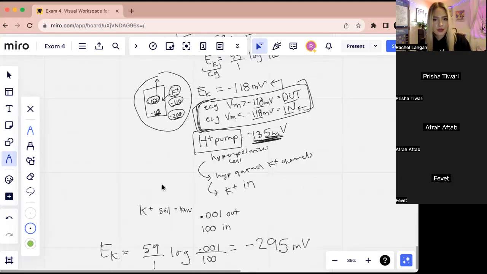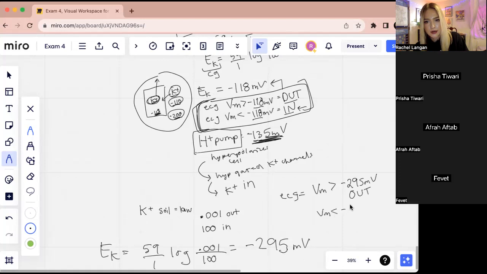So now the ECG is whenever the membrane potential is greater than negative 295 millivolts, potassium is going to want to move out. And whenever the membrane potential is less than negative 295, or more negative than, it's going to want to move in.